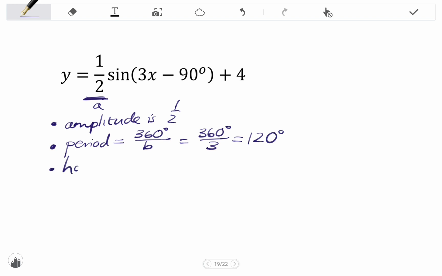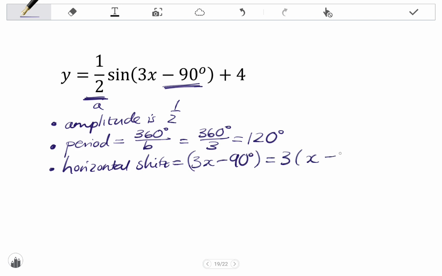Okay, looking at the horizontal or phase shift, it is not 90 degrees. Remember, we have to factorize out the coefficient of x. If we do that, we are left with x minus 30 degrees in brackets.